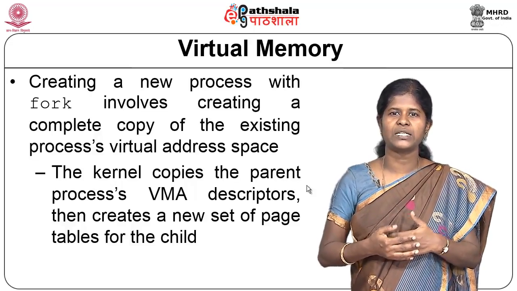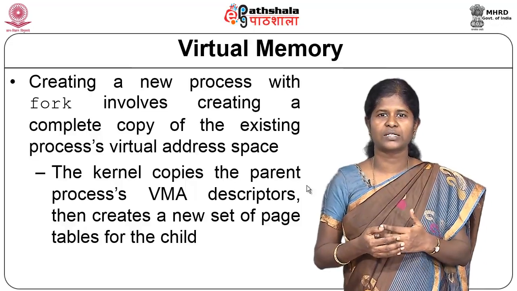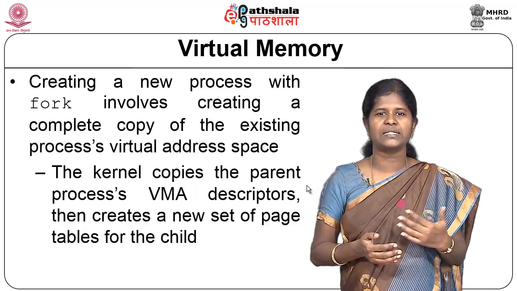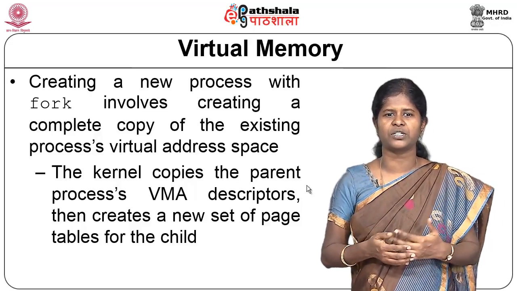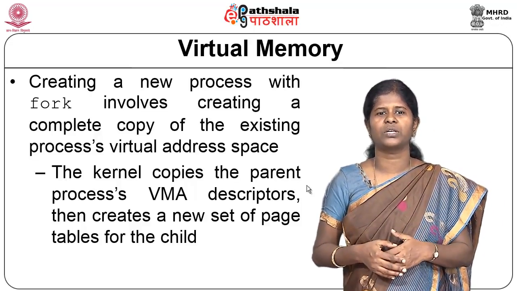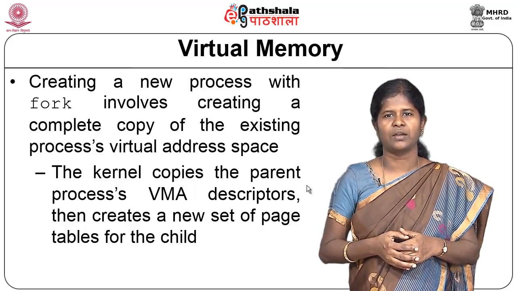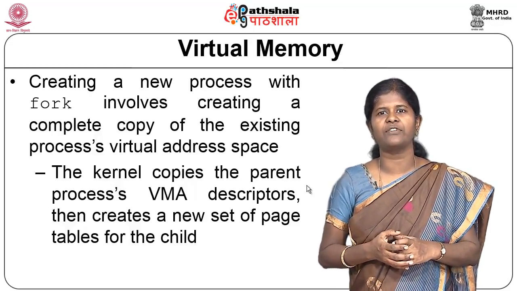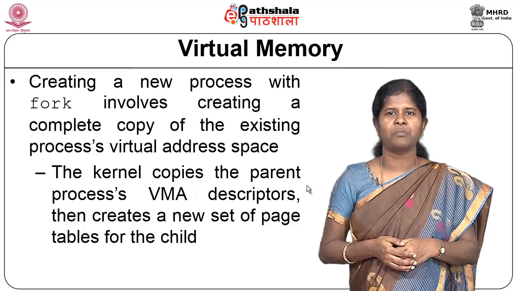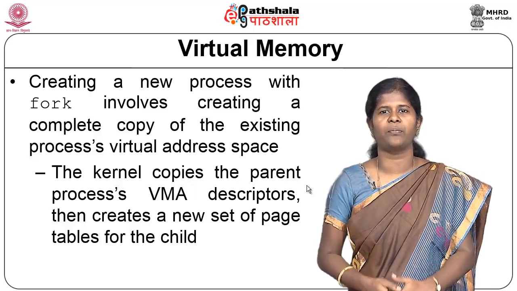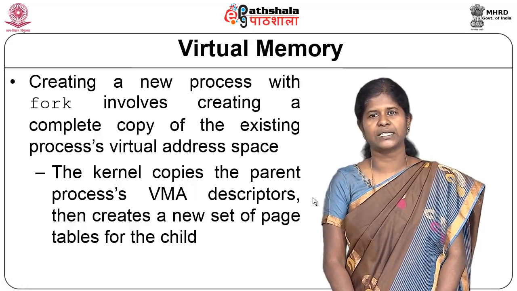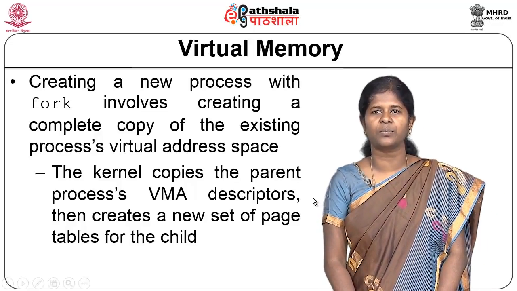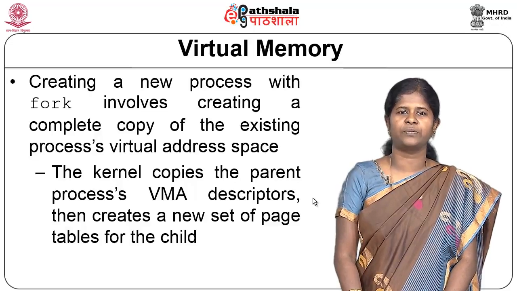So, now what happens, the child process also has the same virtual address space as that of the parent process. The parent process's virtual memory address descriptors, everything will be copied onto the new child process. But the new child process will have a new set of page tables, and whatever is there in the parent process will be copied to the page table of the child process. That means that the child is getting an exactly similar virtual address space as that of the parent process.